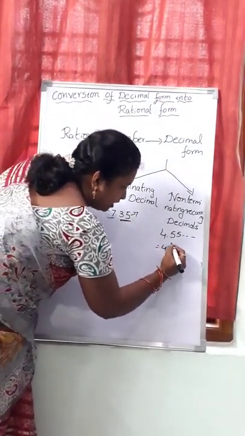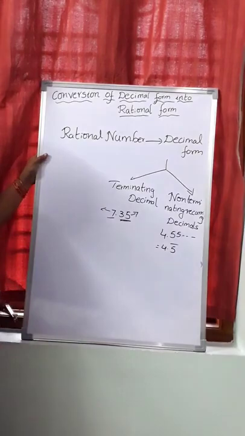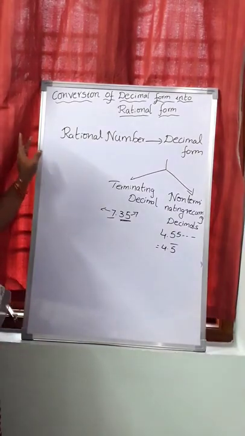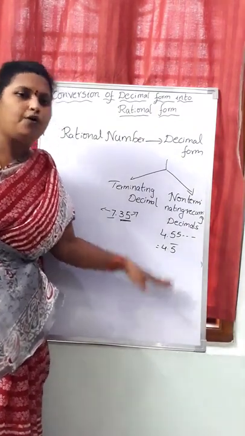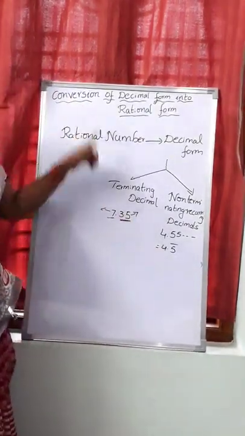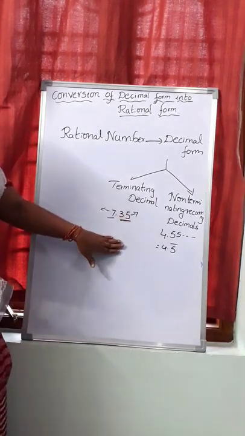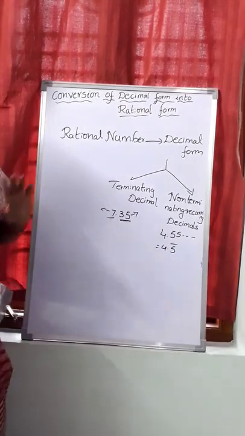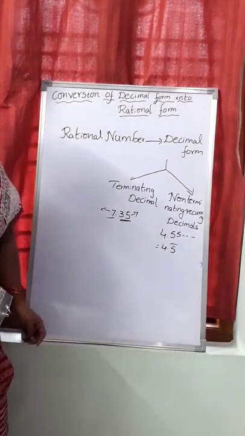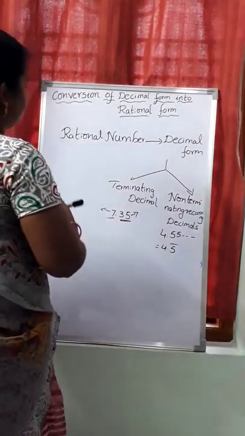This can be written in the form of 4.5 bar. Now we are going to learn how to convert these terminating decimals and non-terminating decimals into the rational form.